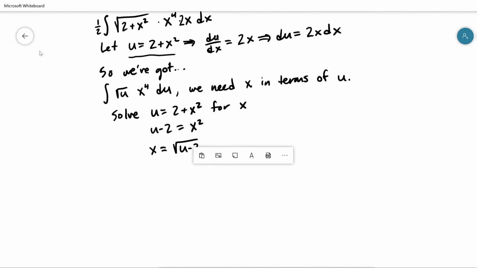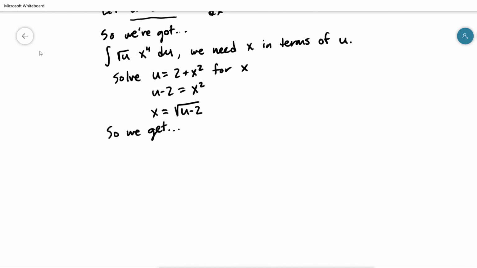Okay, so here's what our picture now looks like. Now we've got the integral. So going back and substituting that in, I've got this big ugly integral of the square root of u, x to the 4th, so it's going to be the square root of u minus 2 raised to the 4th, which is why it doesn't matter if we picked a positive or negative version to begin with, and we've got du.